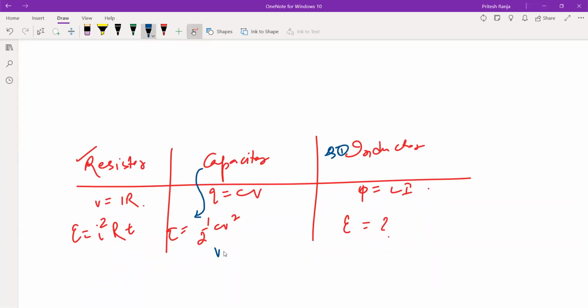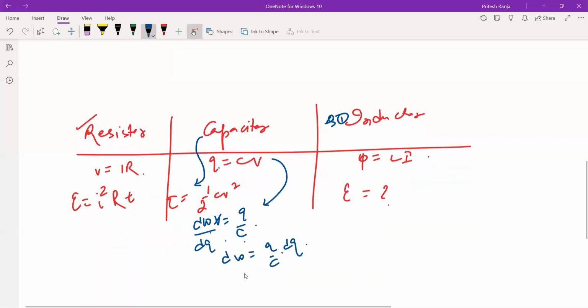We saw that V was equal to Q by C, and V is the small amount of work done per unit charge. So from here dW was Q by C into dQ, and from here we integrated and we found the work as Q squared by 2C. In the same manner, the energy stored in the inductor can be obtained.